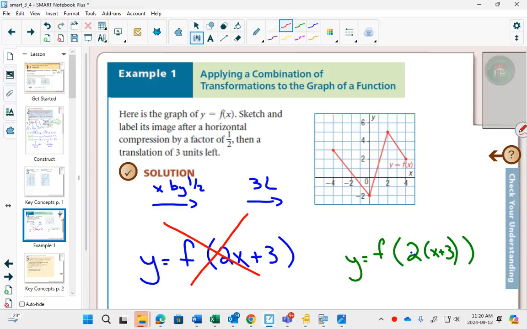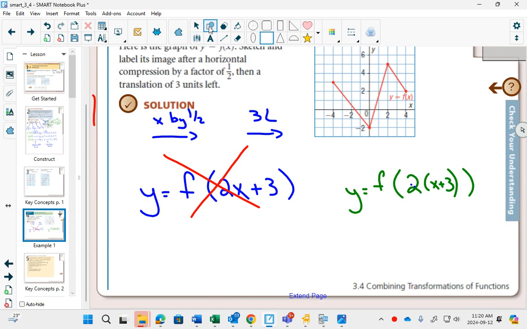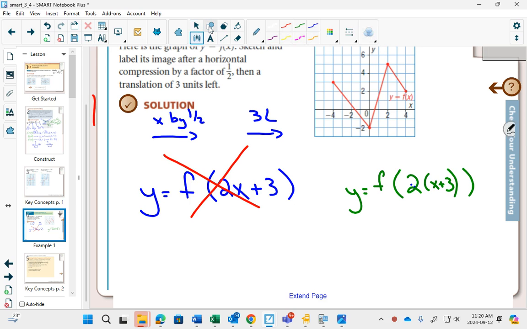So we have to write a special note. And maybe you can write this at the bottom of page 221. Maybe put a special note.